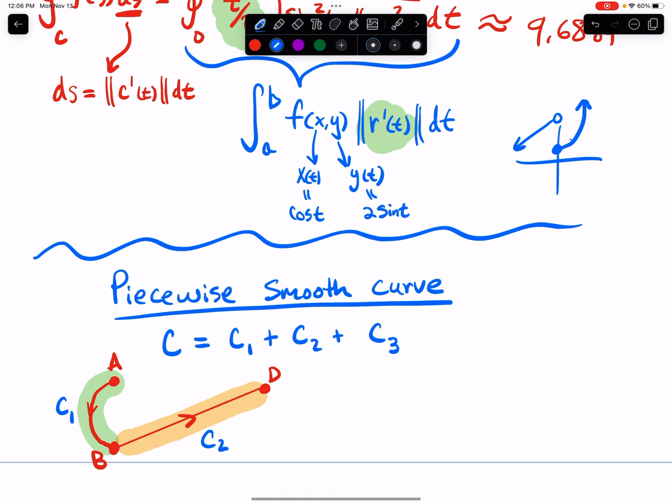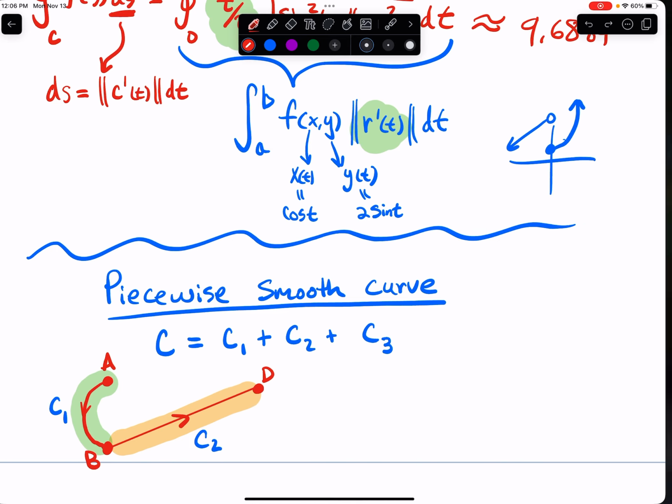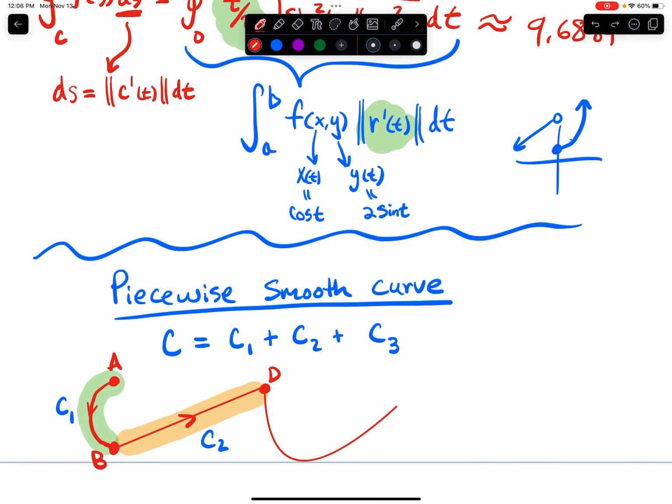Maybe that's C2. And then maybe I have a sharp turn, and I stop here at E, and I travel along that path there. This part of the curve is C3.